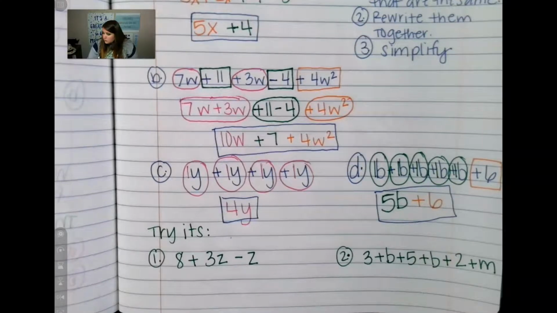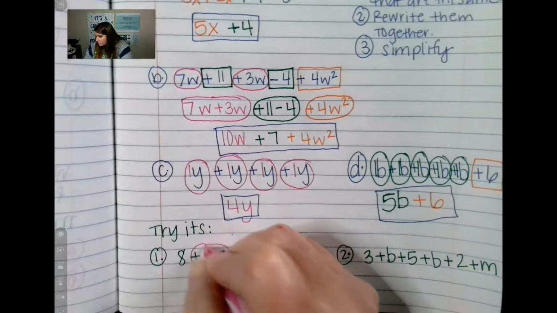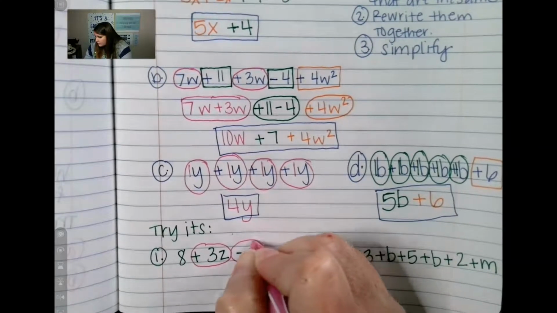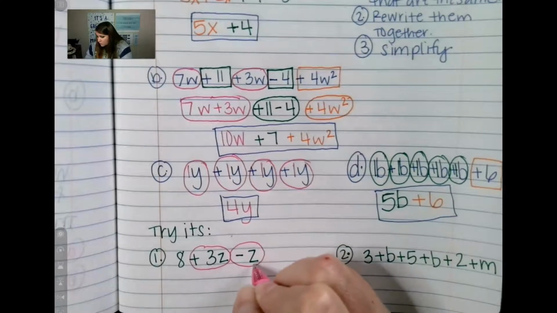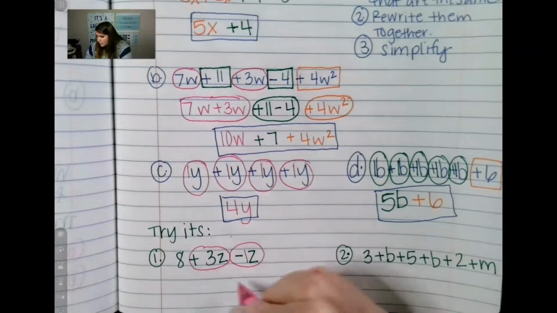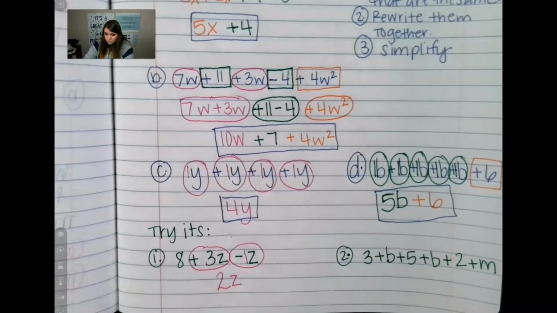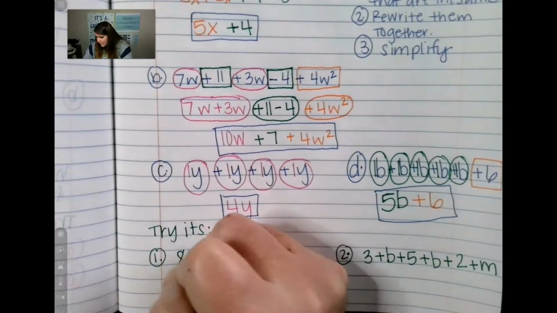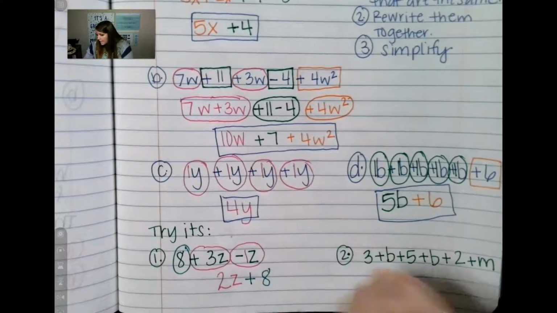All right, so in this first one, I have a 3z and a negative z. So if I have 3 minus 1, because remember that 1 is there, that gives me 2z's. This 8 is just going to be by itself, so we're going to write plus 8.